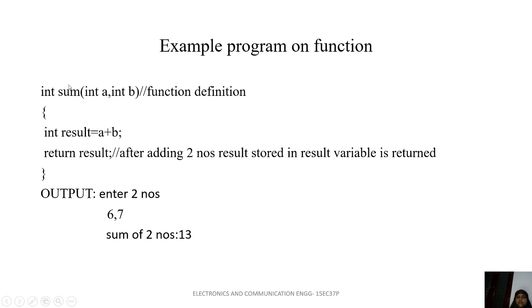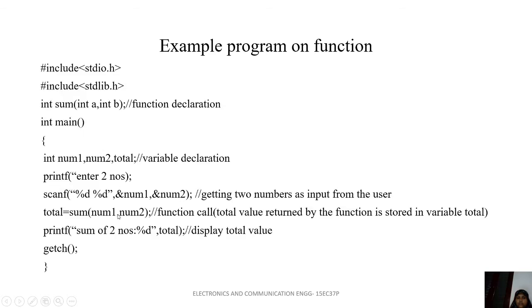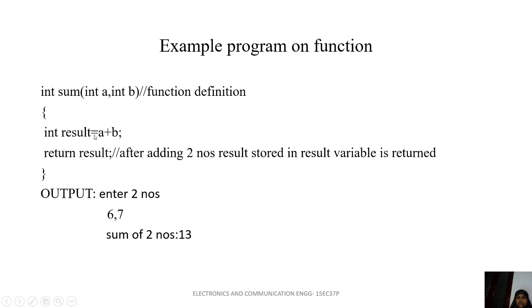In this function, it performs the addition on a and b. As you can see, the values of num1 and num2 are passed to a and b. The operation it performs is addition, and the result is stored in the variable result.